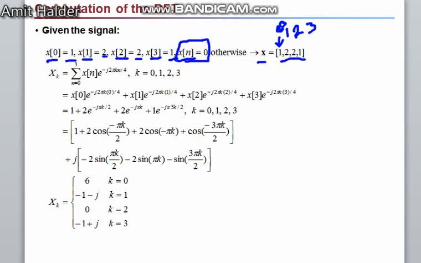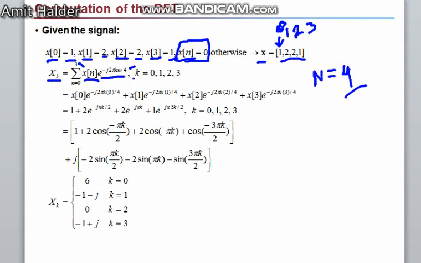The number of points: there are 4 points, 1 2 3 4. So the number of points N is equal to 4. Now you will find X[k]. n goes from 0 to N minus 1, capital N minus 1 means 4 minus 1, that is 3 here, and x[n] e to the power minus j 2π kn by 4, where 4 is the number of points.